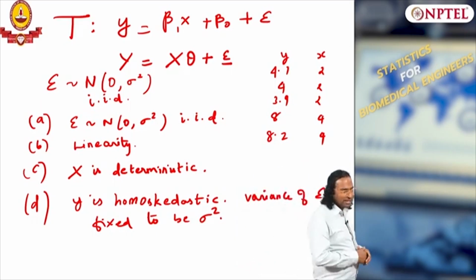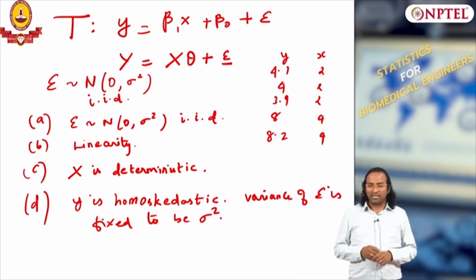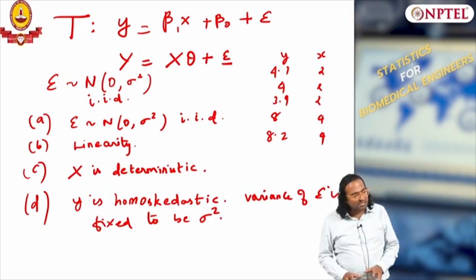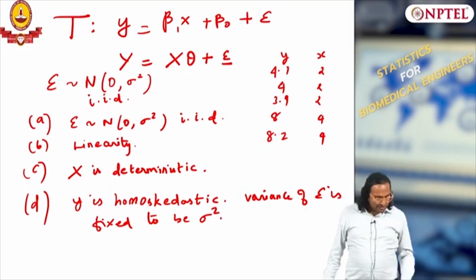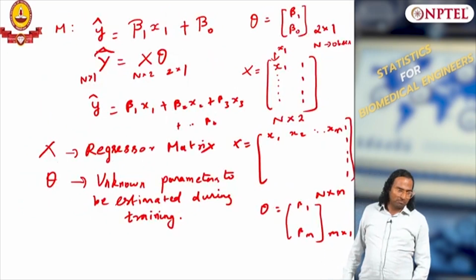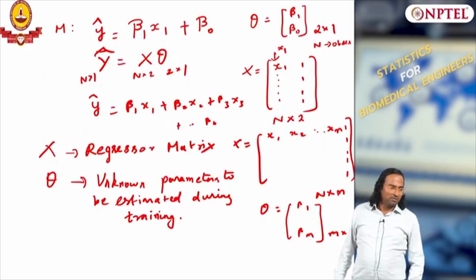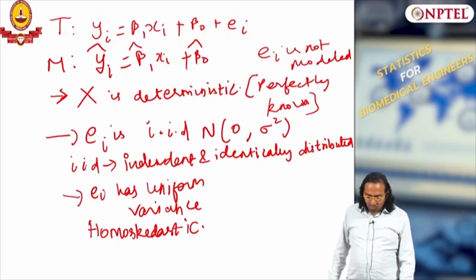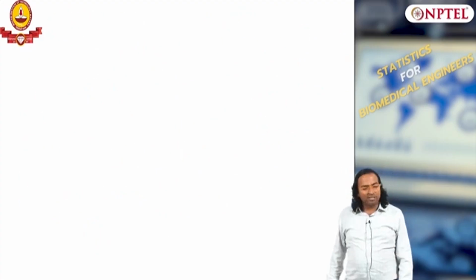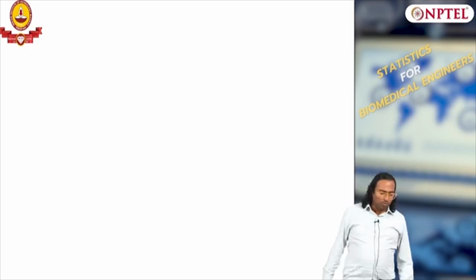The last assumption I told you about is that y is homoscedastic. These are the assumptions that I make about the truth, and with these assumptions I am going to fit a model. There are many ways in which you can develop it. What is the unknown?